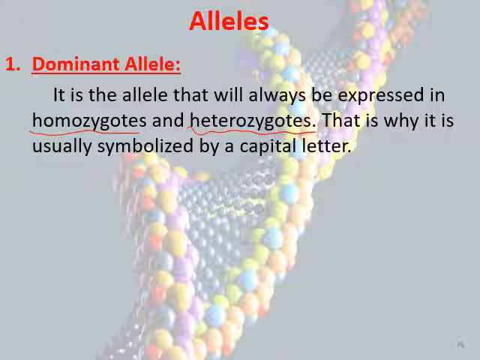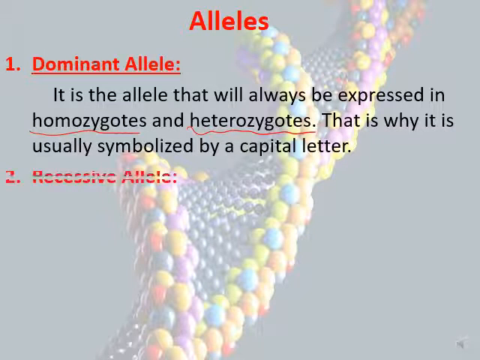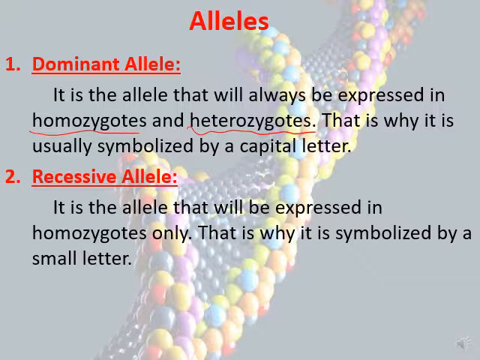Recessive allele is the weak one. It is the allele that will be expressed in homozygotes only. It should be present with another weak allele, and is usually symbolized by a lowercase letter.